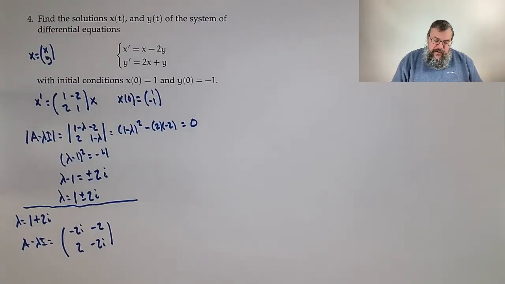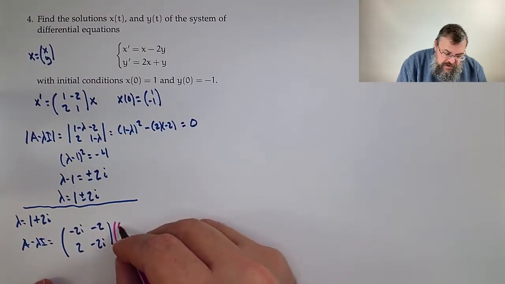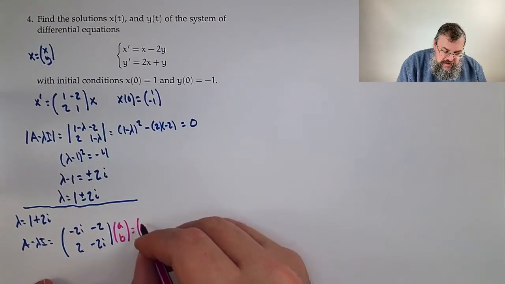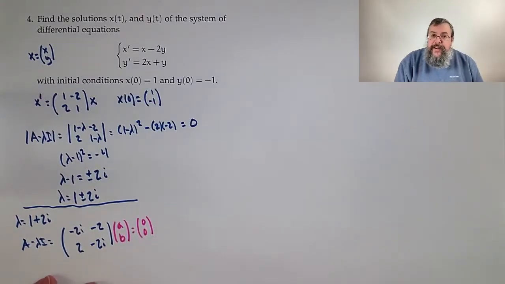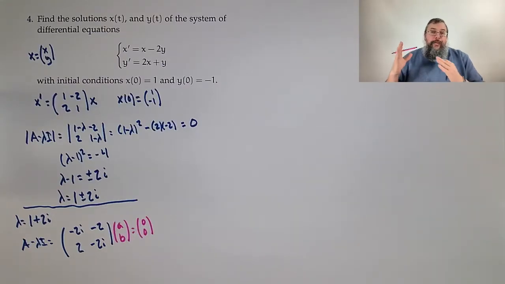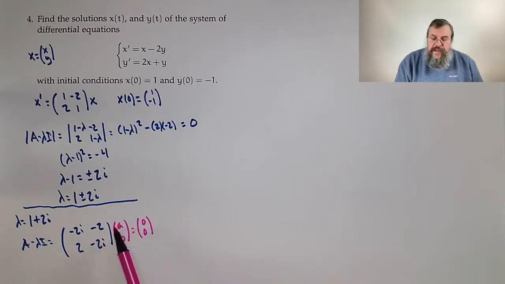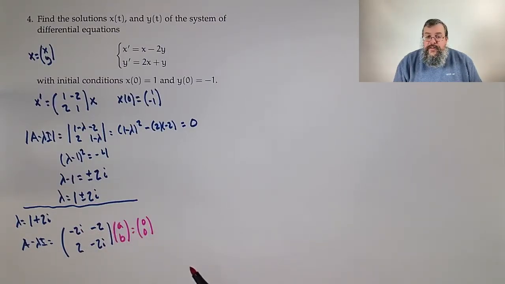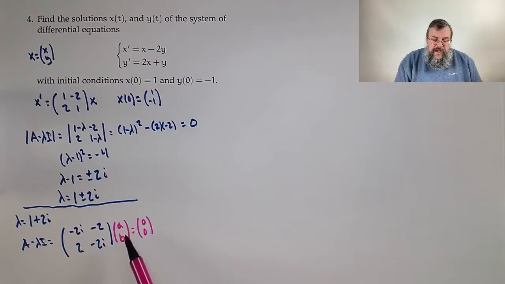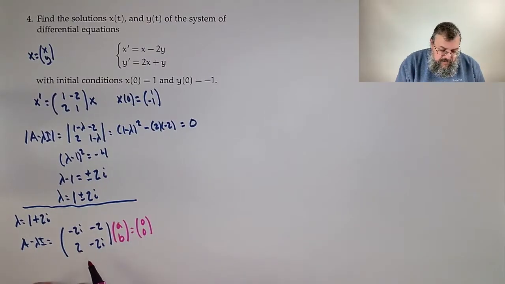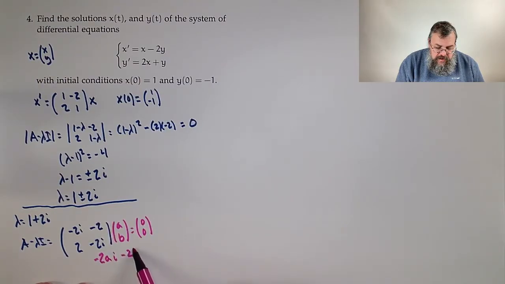And now what we're looking for is some vector so that if I multiply this by a, b, I get 0, 0. That's how we find our eigenvectors. Well, we know that there's going to be redundancy because there's really two equations here. There's the minus 2i times a minus 2b equals 0, and there's the 2a minus 2i times b equals 0. Just to help, I'm going to write these down again.